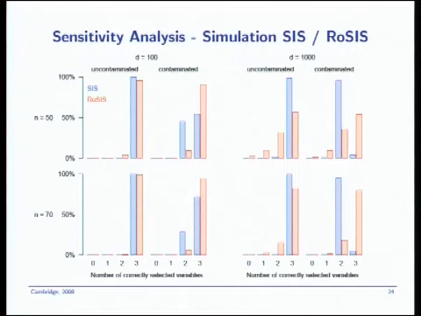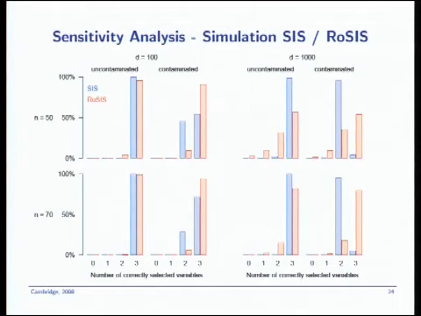And this is also true when the dimension becomes higher. And of course, the higher the dimension becomes, the more difficult it becomes for both procedures, as you can see here. But always in the contaminated situation, Rho-SIS is better. For higher dimension, it pays quite a large price for this, which has to be admitted.